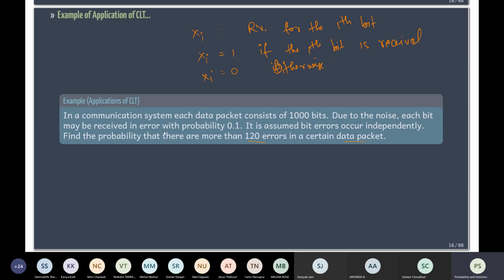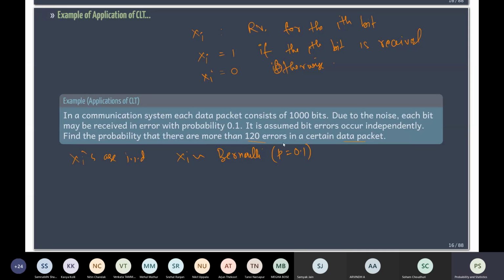That's how we model it. And so here the Xi's are IID. In fact, Xi can be modeled as Bernoulli with p equal to 0.1, which is given to us.